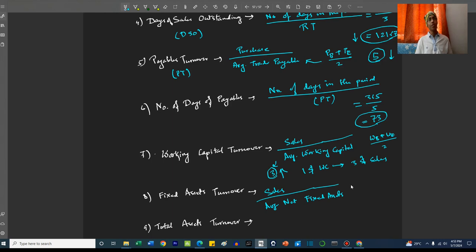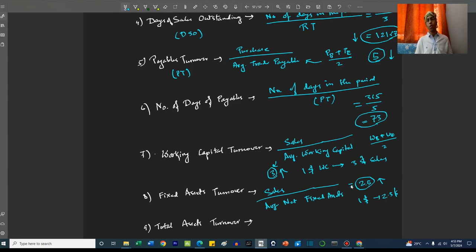Again, the definition of average net fixed assets is basically net fixed assets at the beginning of the period plus net fixed assets at the end of the period divided by 2. Now let's say this number is 2.5. This means $1 of average net fixed assets is producing $2.5 of revenues or sales. So generally, the higher the number is, the better it is.